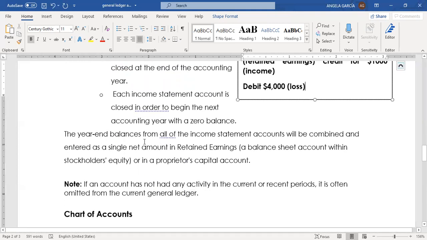Then the year-end balances from all of the income statement accounts will be combined and entered as a single net amount in retained earnings, a balance sheet account within stockholders' equity, or in a proprietor's capital account.